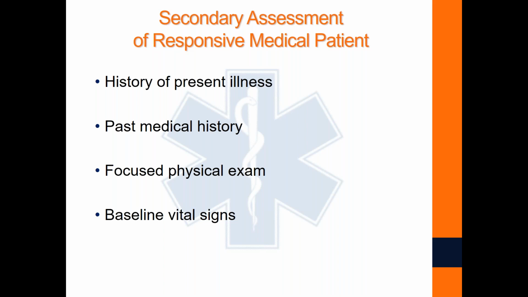We're going to talk to them about their medical history, and their current history of present illness, and get into what is it that's happening and can I do anything about it? We gather a set of baseline vital signs, and that tells us whether treatment is indicated or not indicated. And then when we get to the end, we treat the problem and we transport.